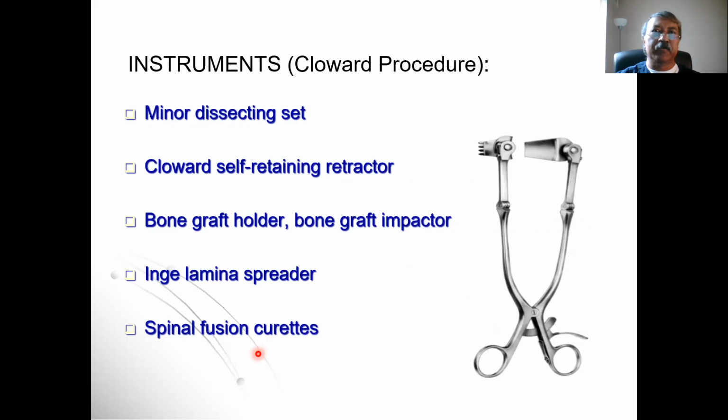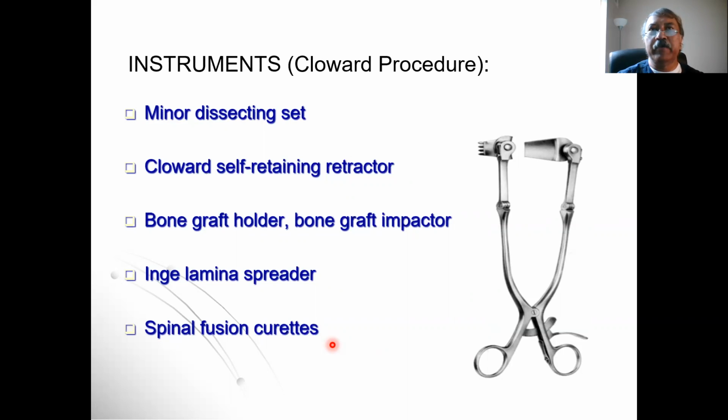Curettes, like the spinal fusion curette, work in order to get bone, smooth the edges of the bone, to make the fusion very smooth, to create the bone around the fusion to match with the actual bone graft.